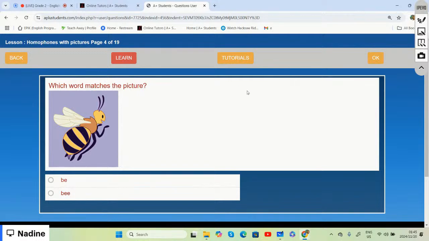And if we look at the last one, there we have a picture. Do we say that one is option one or option two? Option one is be, which is BE, and option two is bee, B double E. Which one is correct?